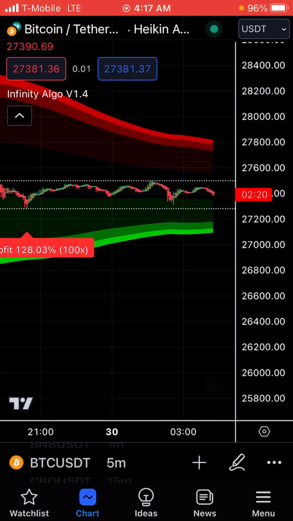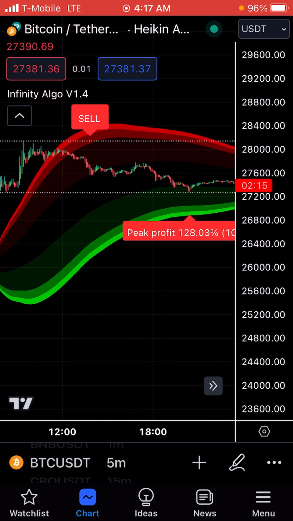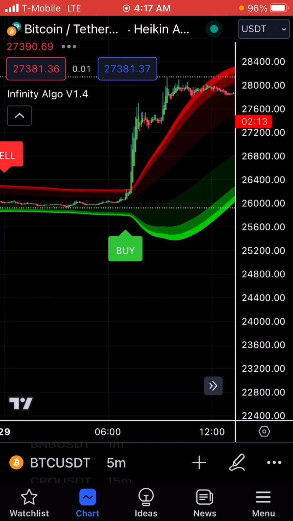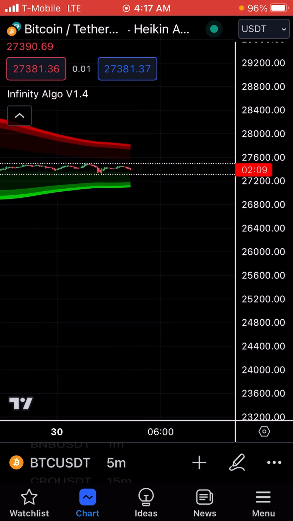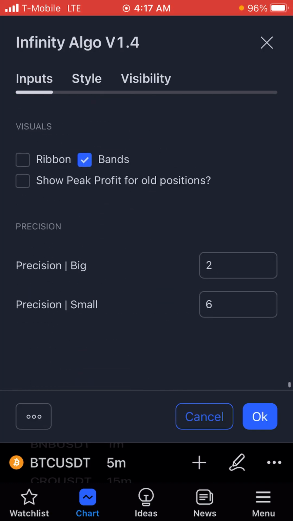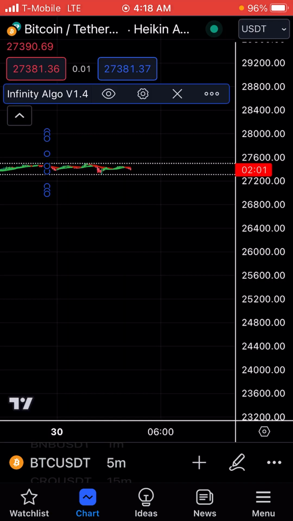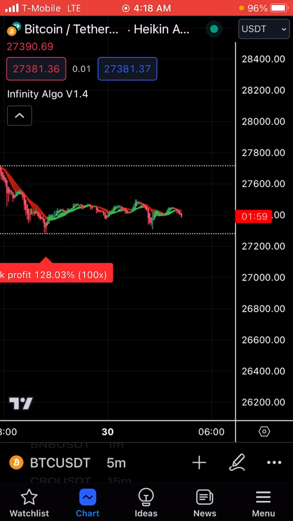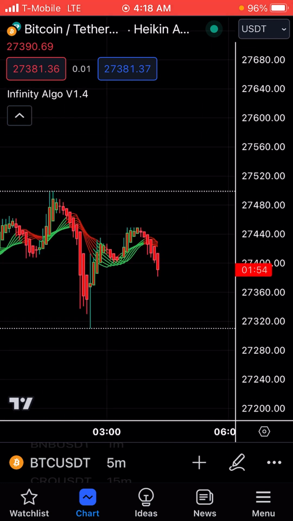This looks more neutral to me. Okay, so you got your bands and your sell signals, but I personally don't use the bands. It's a little confusing, so I just put on the ribbons, and we get it like this. The ribbons are a lot easier to figure out.